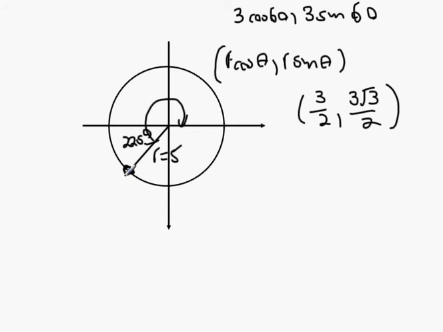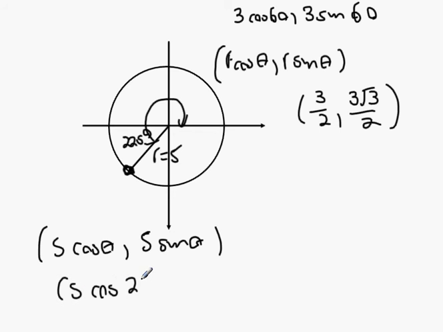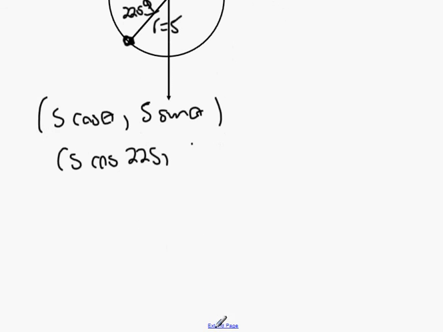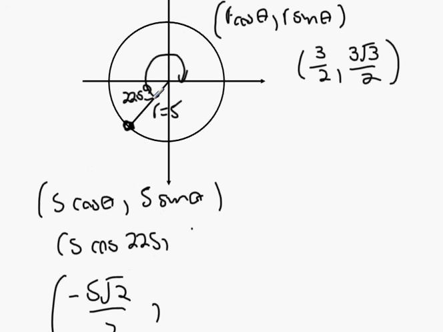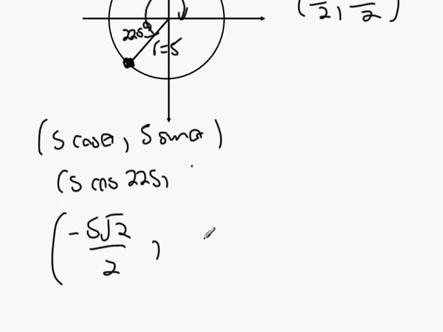What is the location of this point on the xy plane then? 5 cos theta and 5 sin theta. And what is theta? 225. So what's 5 cos 225? Minus 5 root 2 over 2. Yeah, negative x value, and it's also going to be a what, guys? A negative y. And the negative y is the same thing.